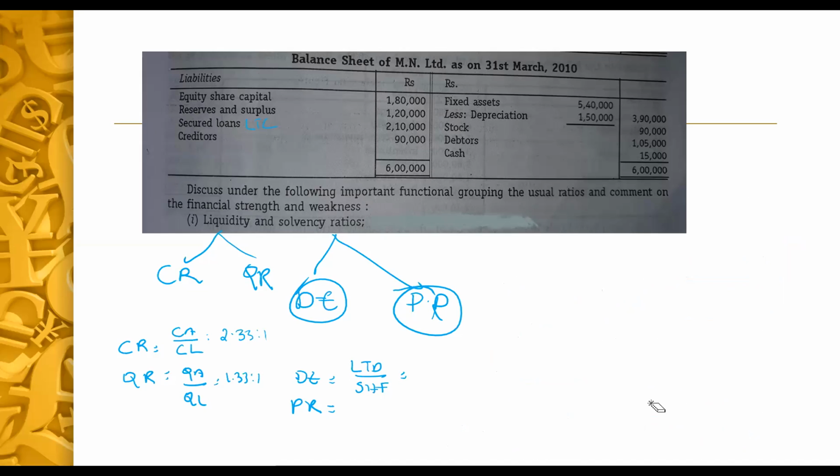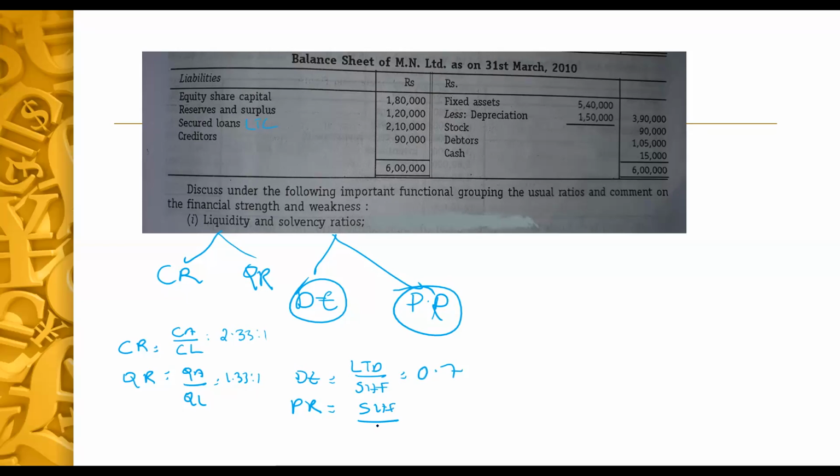Coming back to the question: long-term debts divided by shareholders fund, how much? Debt equity 0.7. What about the proprietary ratio?